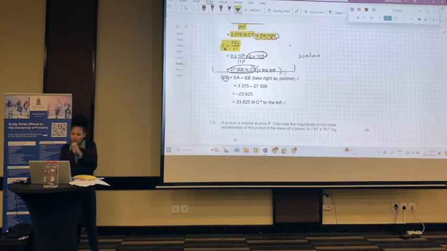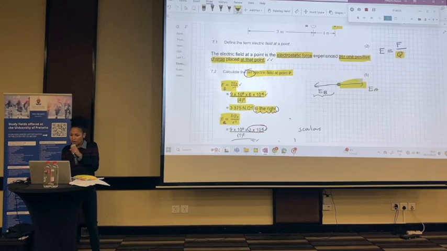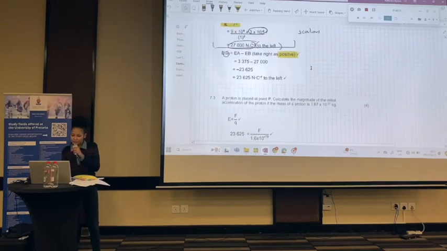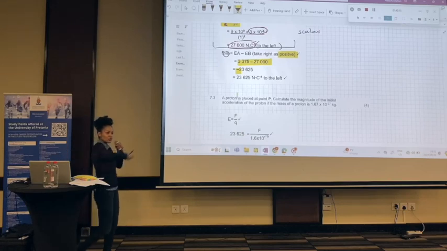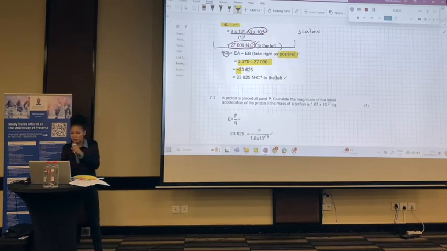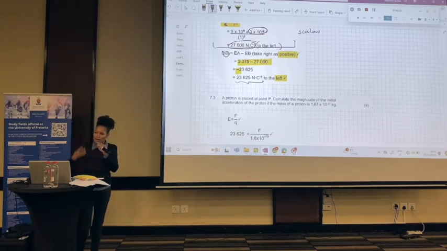I choose a direction as positive, and since I'm choosing the right as positive, I take the electric field of A and subtract the electric field of B. We plug it in, we get a negative answer. Given that I chose right as positive, a negative answer means left. Make sure that when you answer this question, you write down the magnitude as well as the direction.